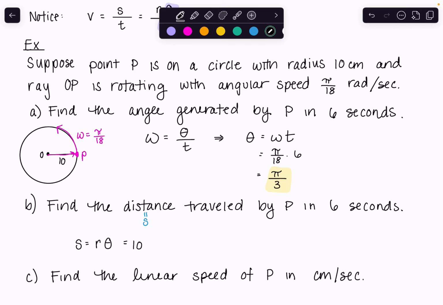My radius is 10 centimeters. My angle is pi over 3. So this would be a distance of 10 pi over 3, and my unit is the same as my radius. It is centimeters. Since my directions didn't say to round, I go ahead and leave this as is.